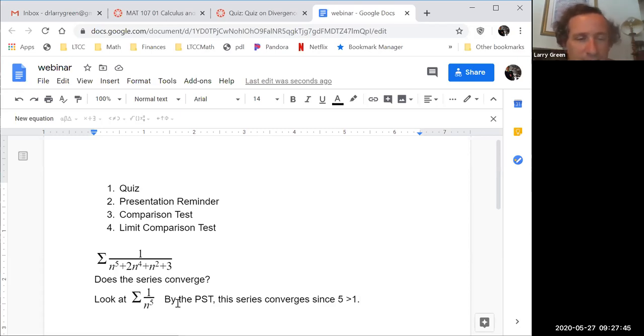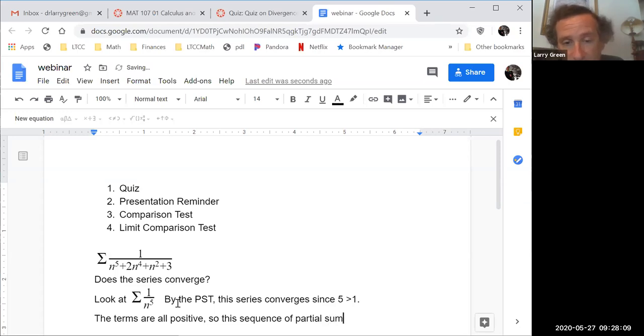All right, now we got to think a little bit more. One is that notice that the terms are all positive. Is that clear? So this sequence of partial sums is increasing.